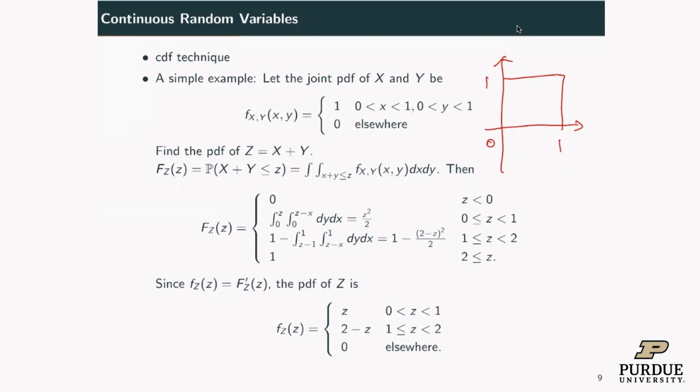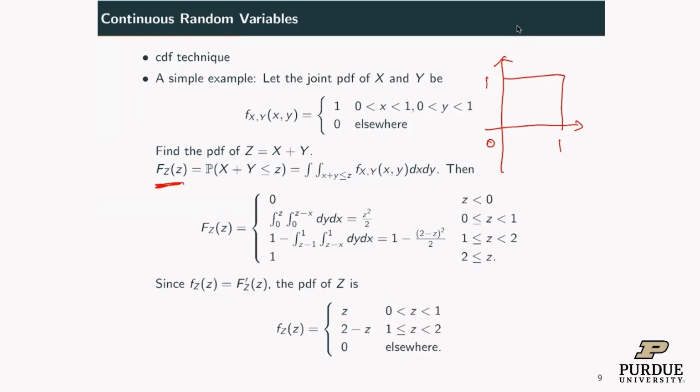Now for the CDF technique, let's work out the CDF of z directly. CDF of z, by definition, that's the probability x plus y less than or equal to little z. To evaluate this probability, it is a double integration.